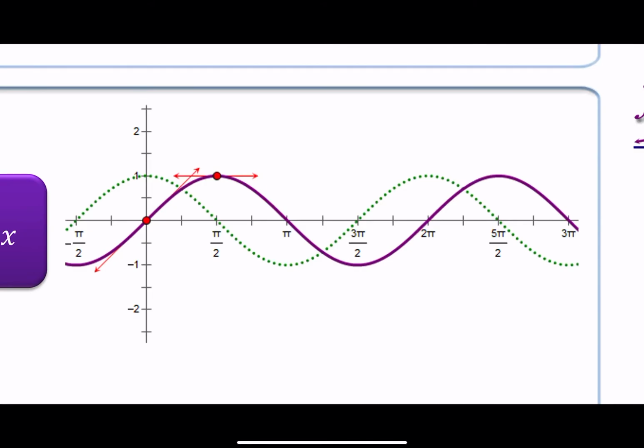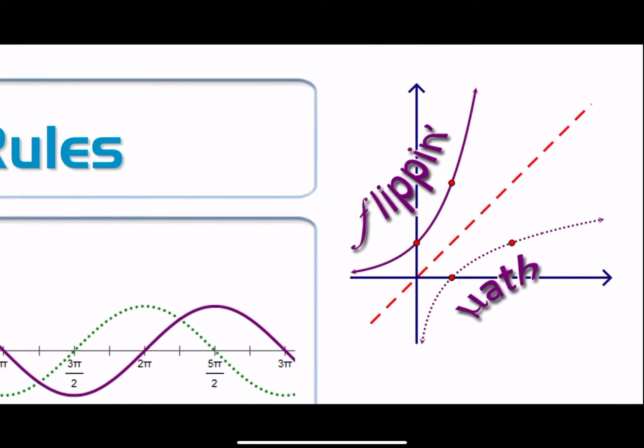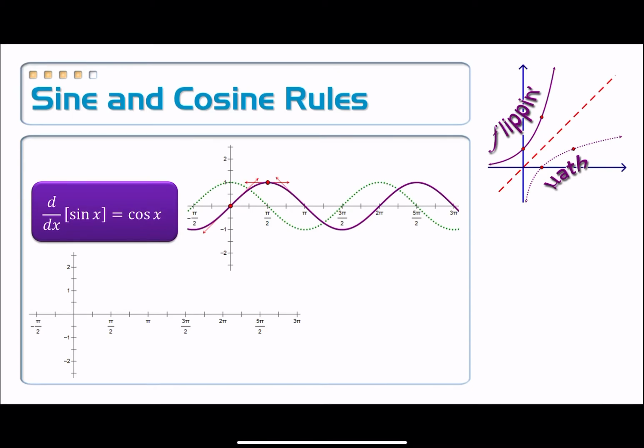It's a peak, a relative maximum. Slope is 0, and right there on cosine, it's also 0. Maybe another point. How about right there at pi? Looks like the slope is -1. Cosine of pi is -1. And if I look at 3 pi over 2, cosine of 3 pi over 2 is 0, and so on.